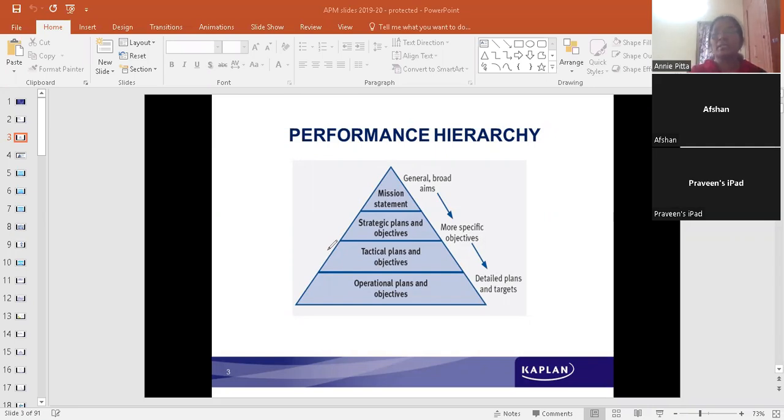When planning is taken up by these 3 levels, each of them has a specific purpose of planning. What would they be planning? Basically, all 3 levels of management would be working towards achievement of the basic purpose of the organization. I'll take you to the next slide.